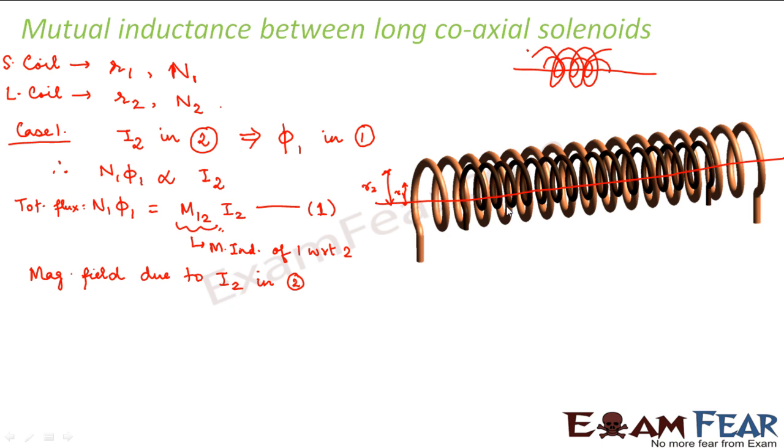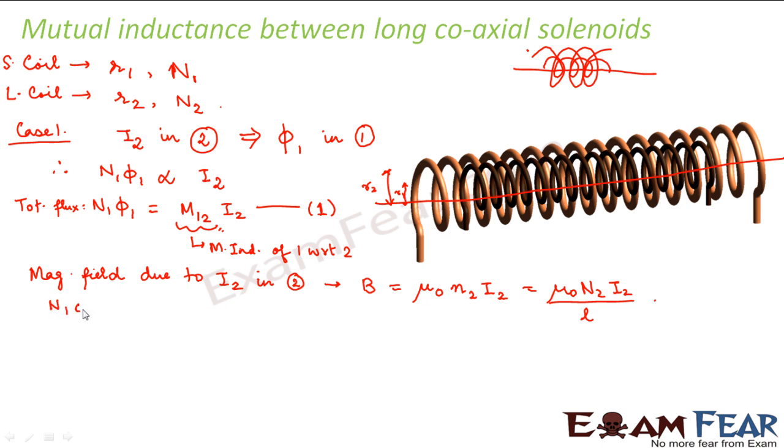Now due to the current I2 flowing in coil 2, what would be the magnetic field in coil 1? The magnetic field would be equal to mu naught n I, so mu naught into N2 into I2, so this will be equal to mu naught into N2 I2 divided by L.